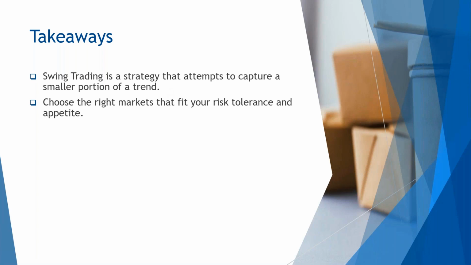Choosing the right market that fits our risk tolerance. We talked about this in terms of volume and price and market cap and beta, but also, that other part where, do I want to trade high tech stocks or high beta stocks, all right?